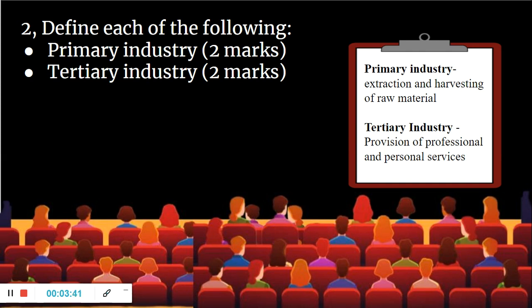But of course, you don't need to get into the examples just because they are just asking you for the definition. Tertiary economic activity is an economic activity in which services are provided both to people as well as to other industries.